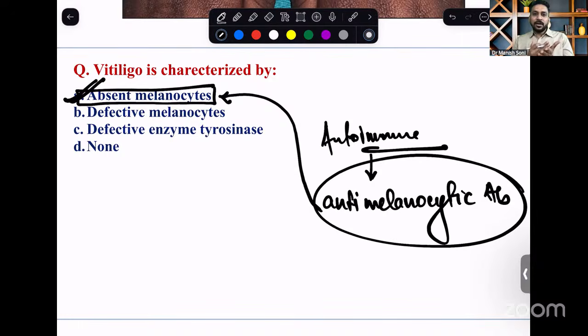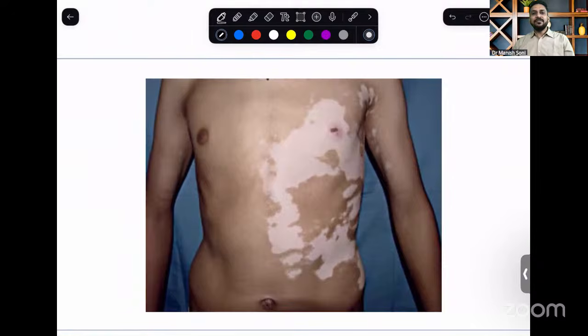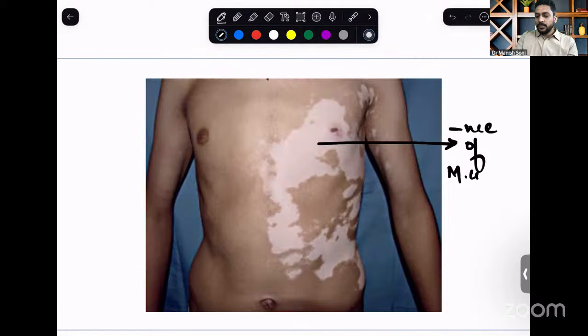Once the melanocytes are gone, the melanosomes are gone. Once the melanosomes are gone, the melanin is gone. And once the melanin is gone, the skin appears depigmented or white. So patients start developing depigmented or white patches, due to anti-melanocytic antibodies which destroy the melanocytes. So there is absence of melanocytes. This is the defect which is seen.